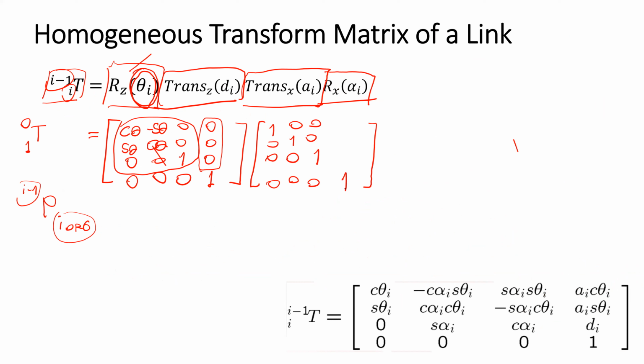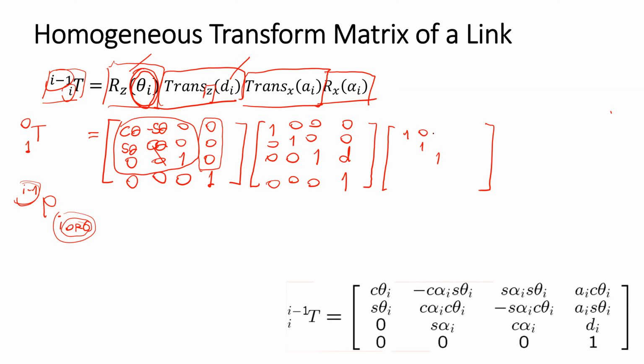How about the position change? The origin of frame i with respect to the frame i-1, if you translate in the z-axis with the distance d, what we have here is d in the z direction only. For this, you will try by yourself to obtain the translation in the x-axis, only pure translation.